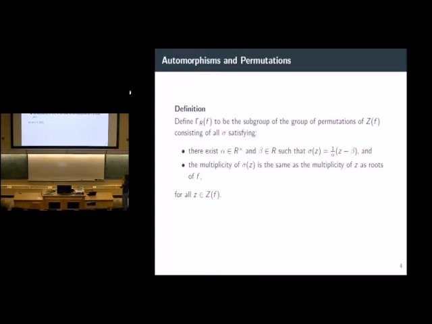Okay, let me give a definition, and you're going to be able to see exactly why I'm going to define this.